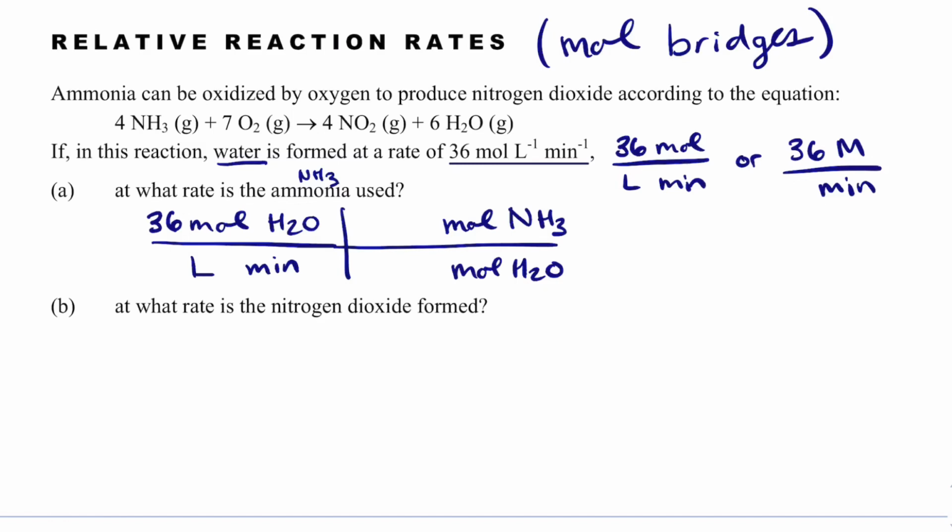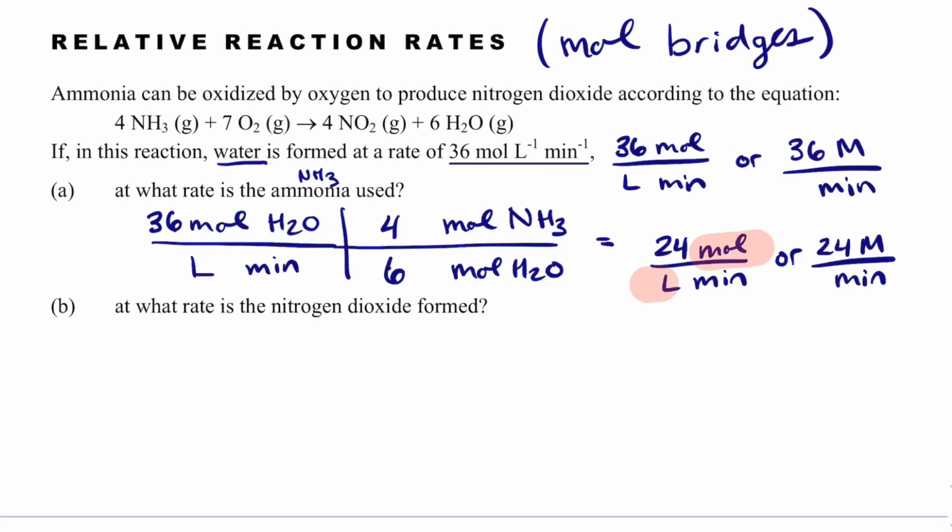There are 6 moles of water to 4 moles of NH3, so I get 24 moles per liter per minute, or 24 molarity per minute, because moles and liters combine to be molarity.